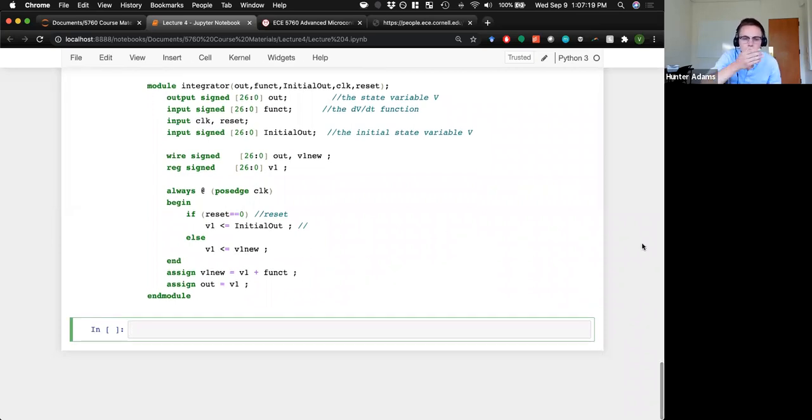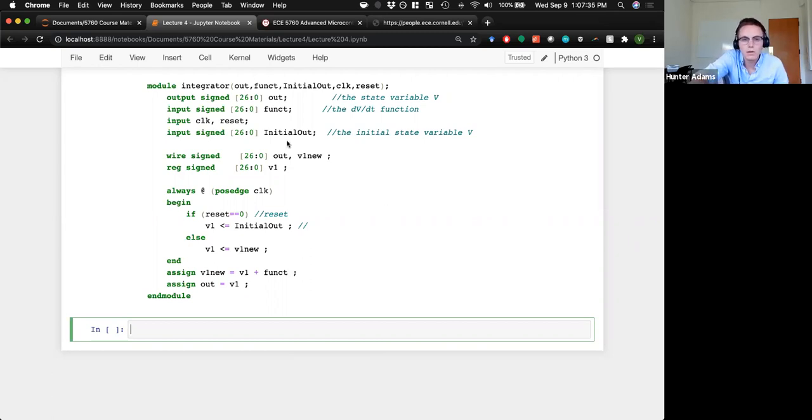In this case, the function that we're integrating is just a constant. And so the expected output of this integrator would just be a constant ramp, because when you integrate a constant, you just get that constant times time.